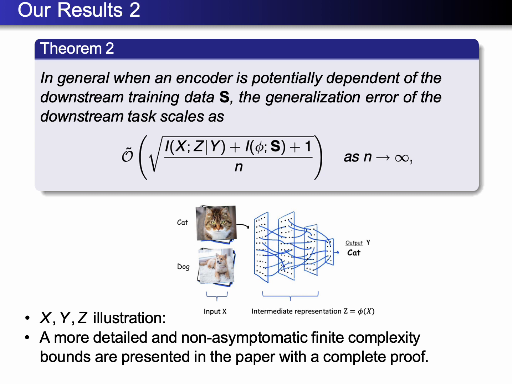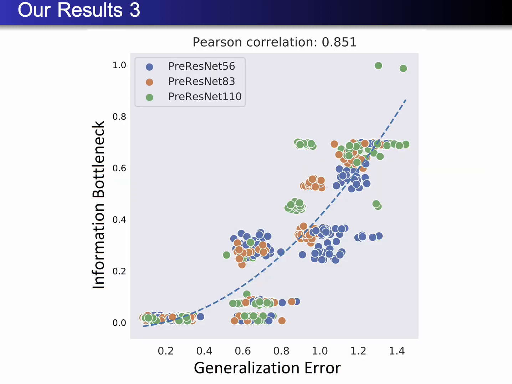Here, recall that the function phi represents the function implemented by the hidden layer. In other words, Z is an output of phi given each input. A more detailed and non-asymptotic finite sample bound is presented in the paper.